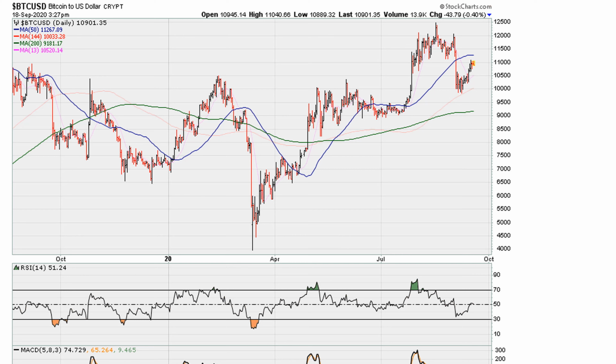So let's take a look at BTC live, and we can see it is down about 0.4, trading at about 10,901. And I want to show you how this can be a continuation of what we've been studying, which is the RSI 50 crossing potential. A couple of observations.